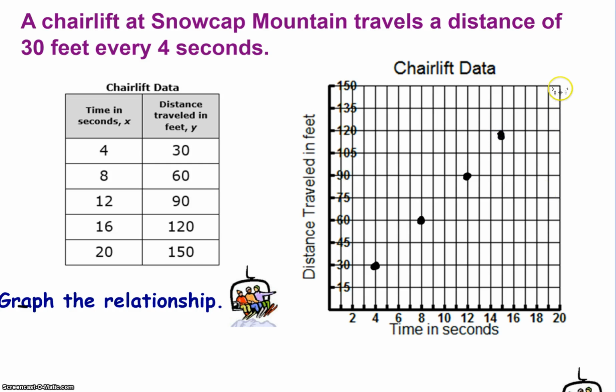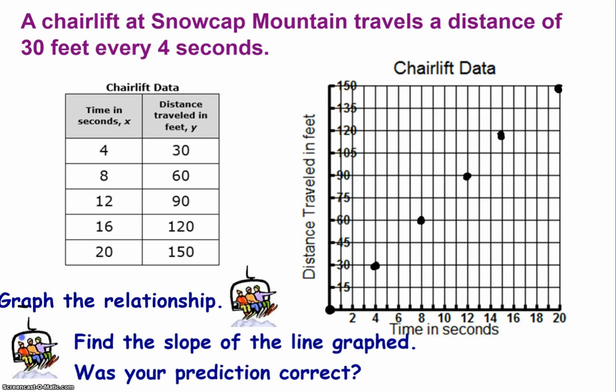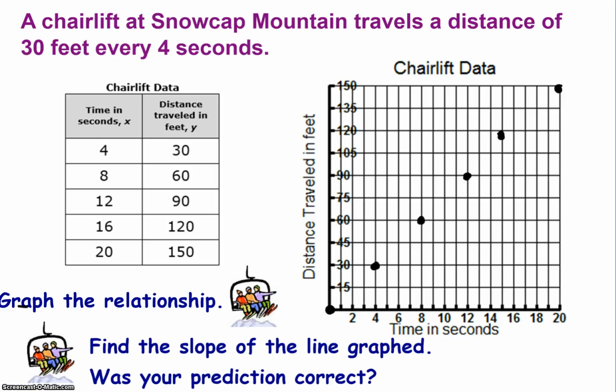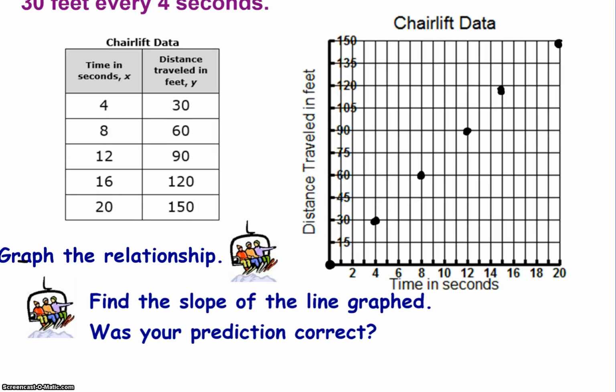And 20 seconds is 150. Our slope would be 15 over 2, right? Yes, so it's multiplicative, so it starts at 0, 0. So connect your dots. And again, I apologize for my non-straight line.